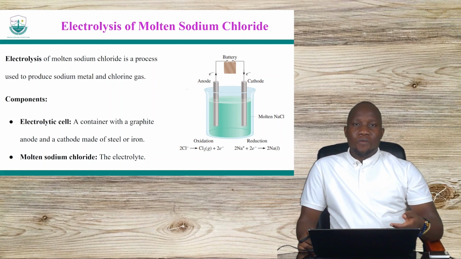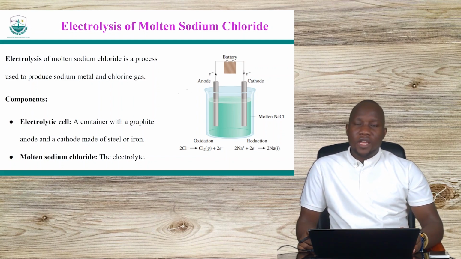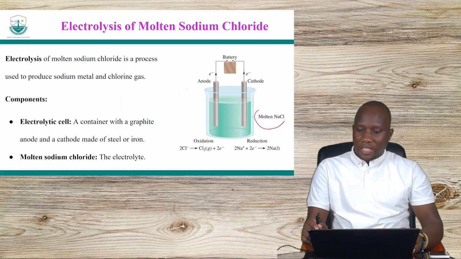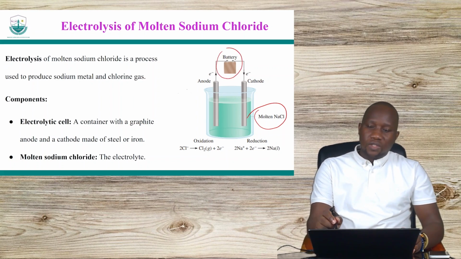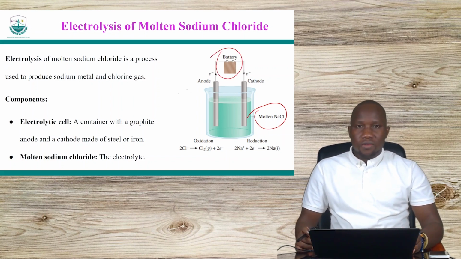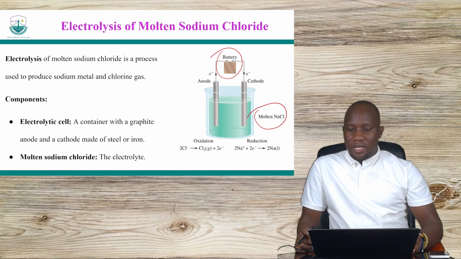We are only having the sodium chloride, which is in the molten state. Okay, so what happens if you connect a source of power to this molten sodium chloride? What will you see?